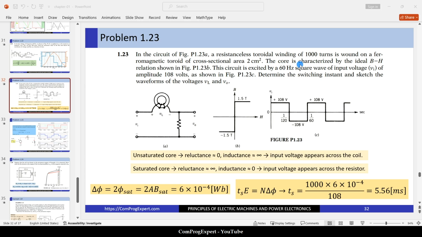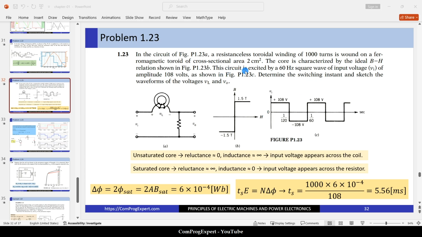The core is characterized by the ideal BH relation shown in this figure, part B of the figure. Yes, we have this BH curve for the material, ideal BH curve.